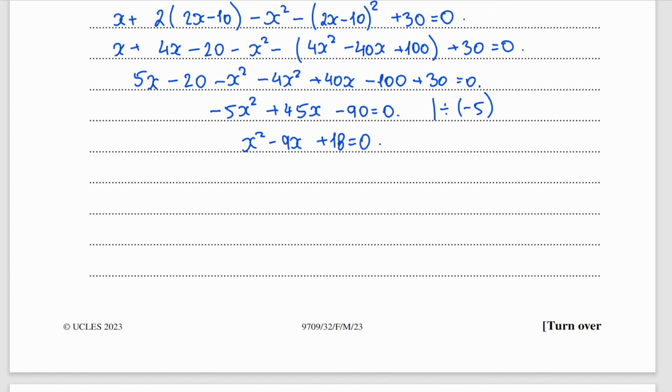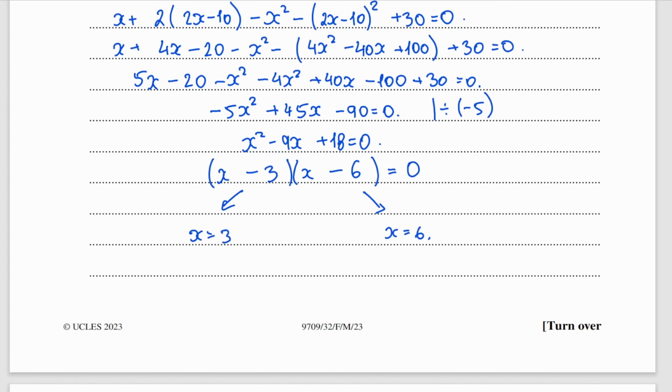And solve the quadratic equation. Let's do it by factorizing. Two numbers multiply to positive 18 and their sum is -9. Guess the numbers. -3 and -6. So that means that x is either 3 or 6.